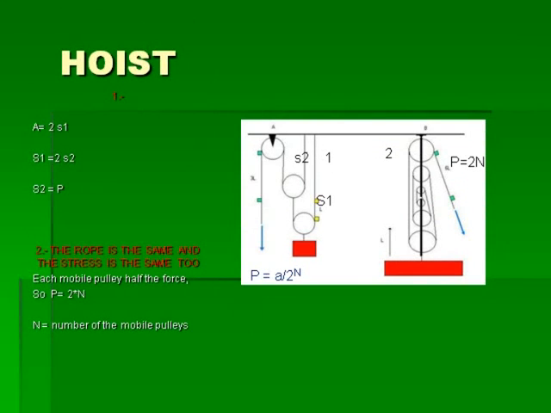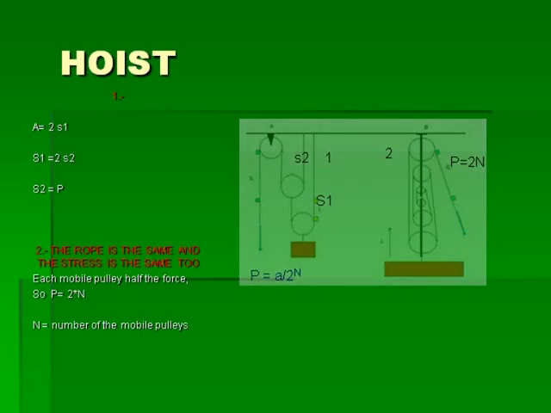We can use more than one mobile pulley, depending on how they are connected. We can construct different kinds of hoists.